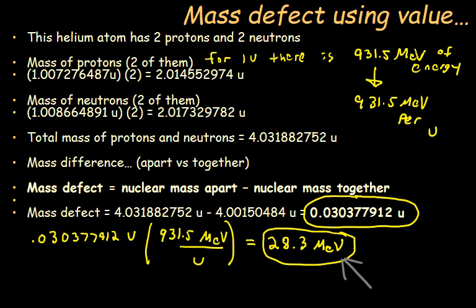And if you look at the answer that you got before, that's what we got. So it's just kind of a shortcut way. Either way is fine. But this is a way to just go straight from mass defect, apply E equals mc squared, because really that's what's happening inside here, and then getting the binding energy.